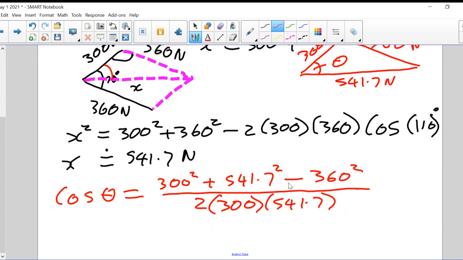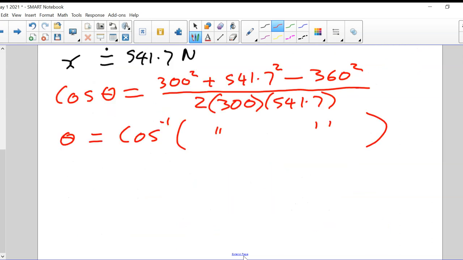Okay, so what you're going to do now is you're going to find what this is. Get your calculators out, figure out what all of that is. But theta itself is now equal to cosine to the -1 of all of this, right? All of that stuff that I just told you about on top there. So once you figure that all out, you can now figure out the inverse cosine of that number to get your angle.